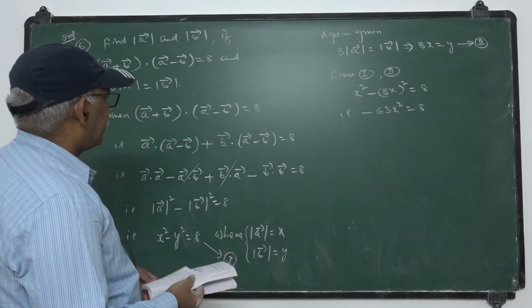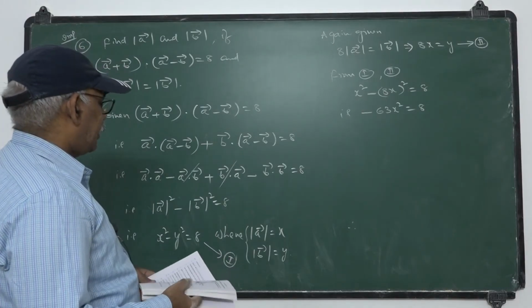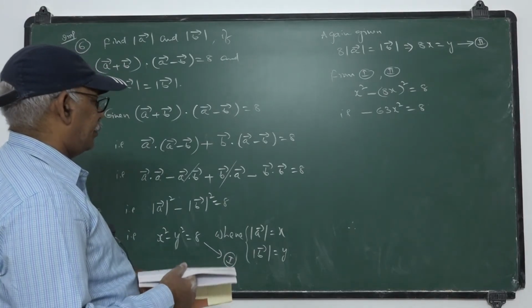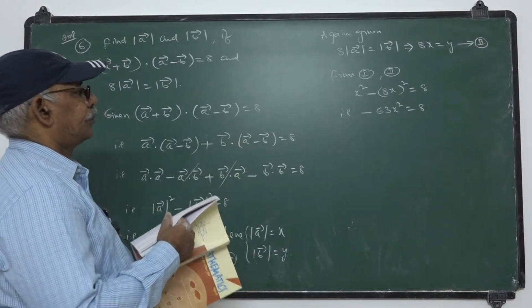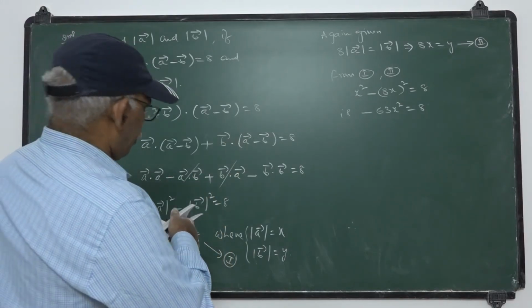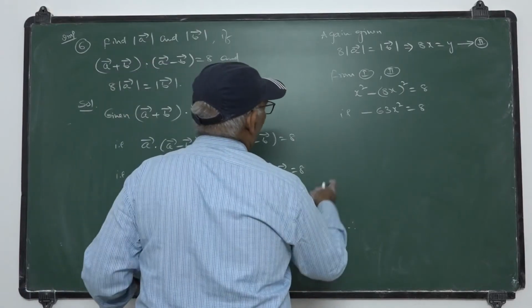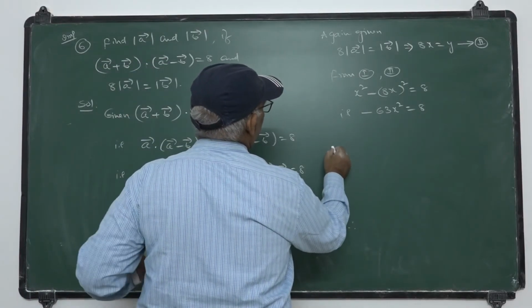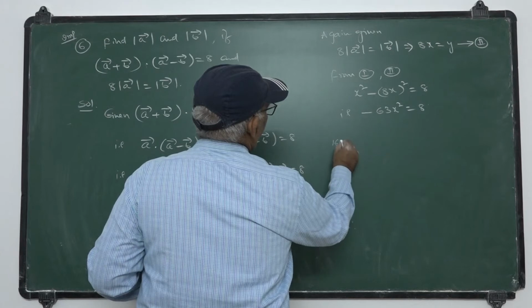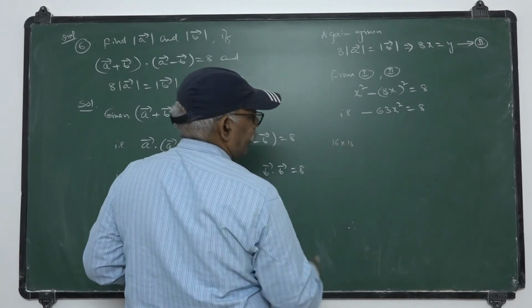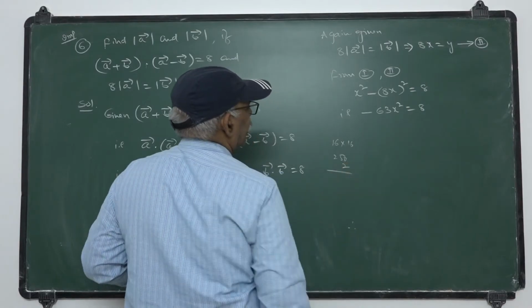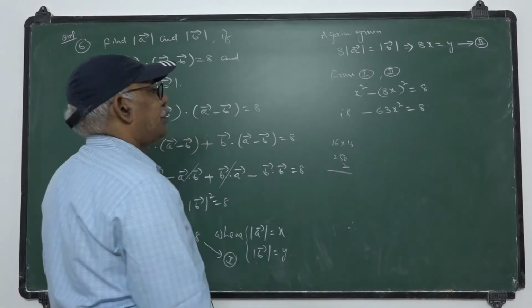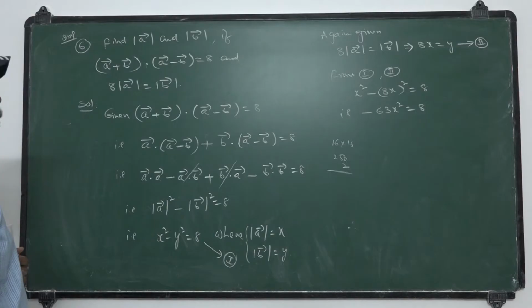I think this is not 8. This is not 8 here. 16 root 2 square. What is 16 root 2 square? 16 16s, 256 into 2. 256 into 2.